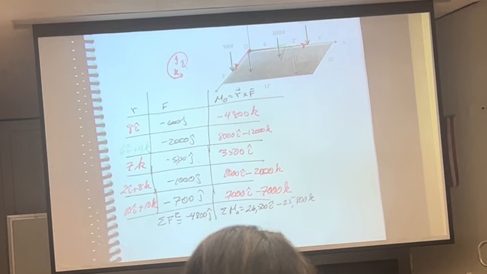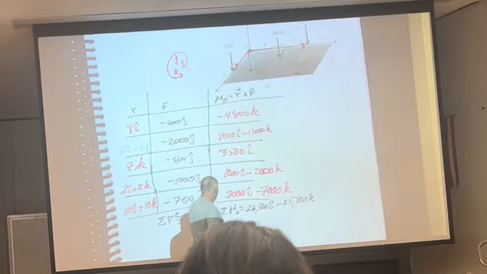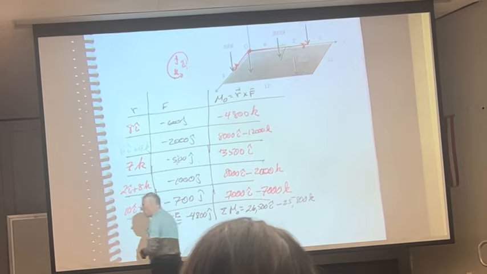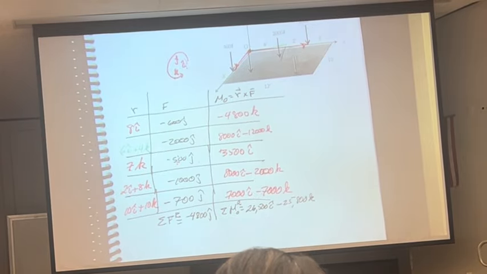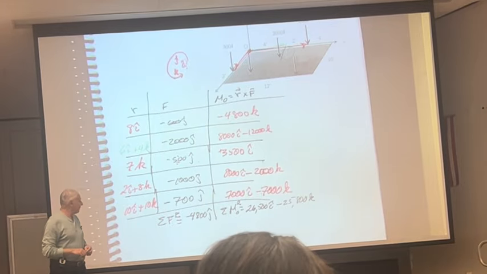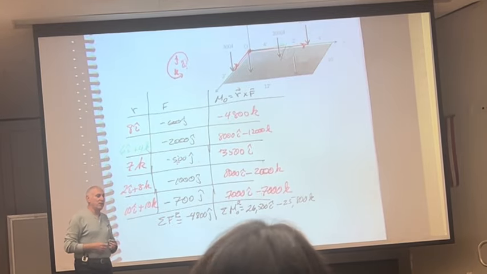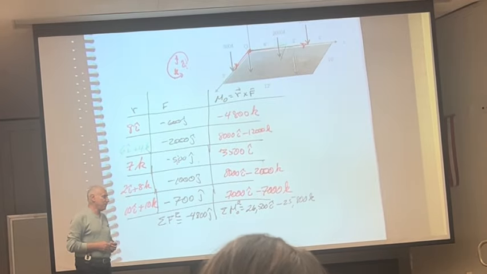So, my single force resultant is minus 4,800, downwards 4,800. My single moment resultant, this is my moment about O, resultant. The superscript tells you it is the resultant of all the forces, or all the moments. 26,500I minus 25,800K. What does that mean?